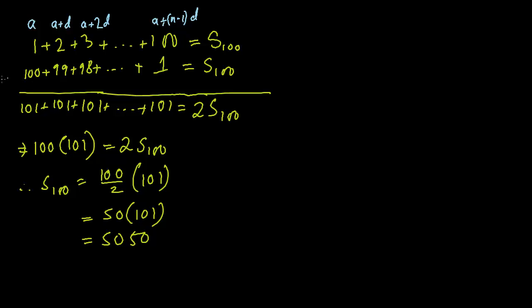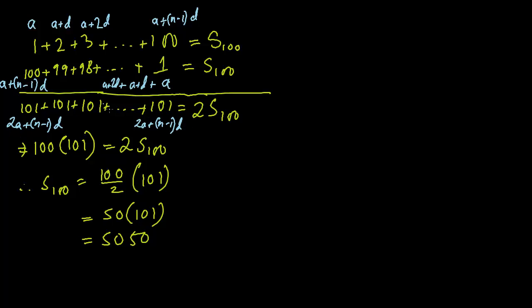Now if you reverse it, this would be a plus (n minus 1)d, then a, then a plus d, then a plus 2d, in the reverse order. Now if you add the terms, just as every term was 101, every term here would be twice a plus (n minus 1)d.